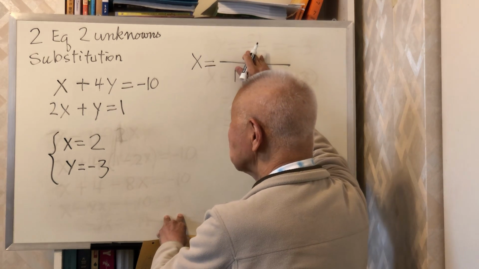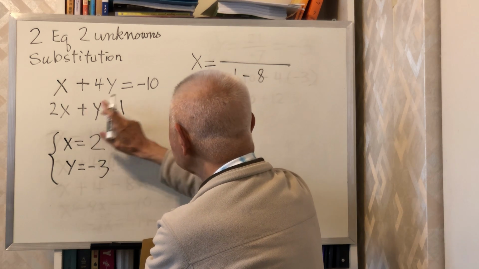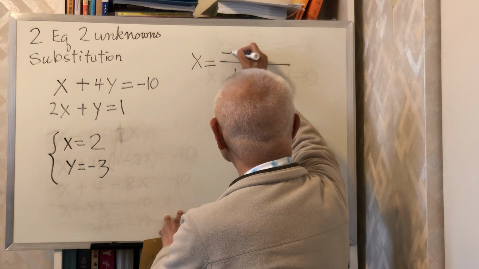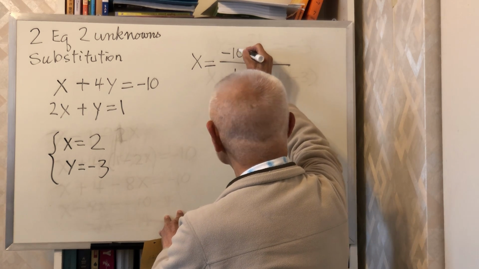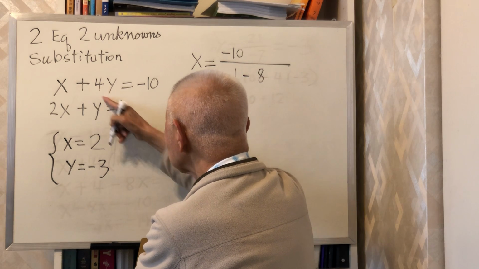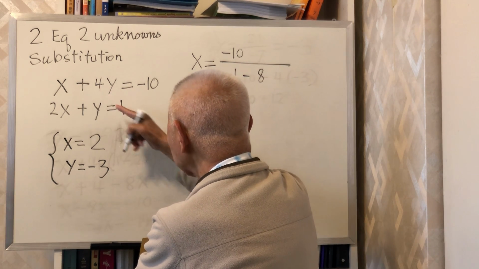What is in the numerator? The numerator is this number times this number, 1 times negative 10, minus this times that. 4 times 1 is 4, so it's minus 4.